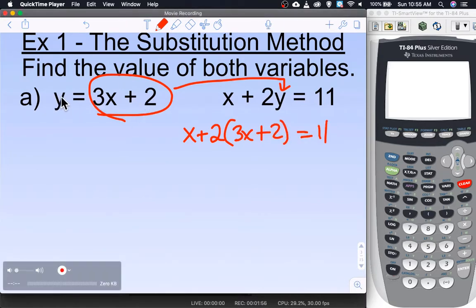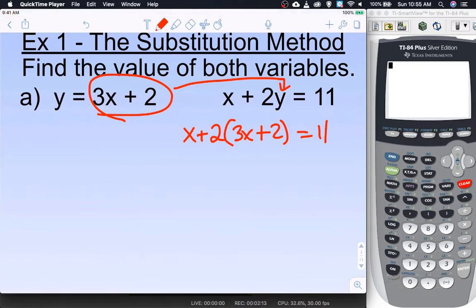I plugged this stuff in for y. And look at this. I now have an equation with only one variable, x. Now, I've got two of them, but I can combine those x's together and then solve that equation. And that's really what the substitution method is all about.